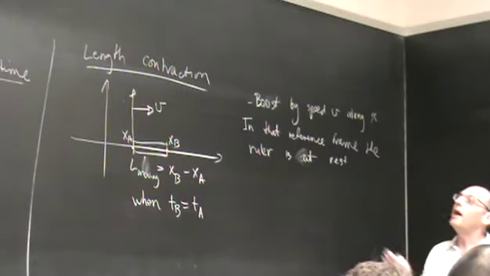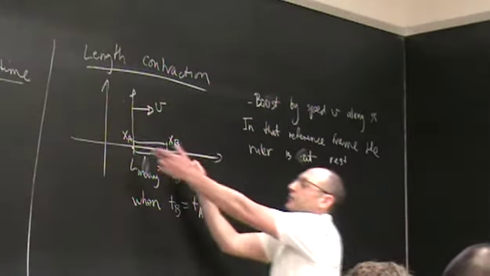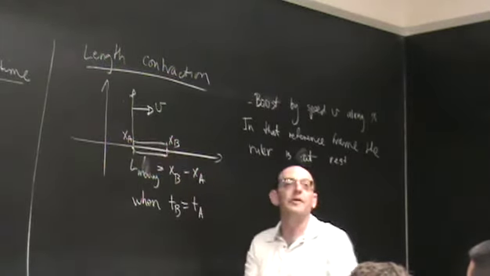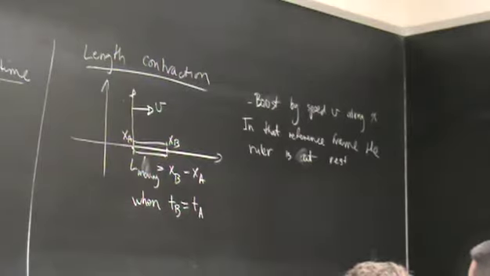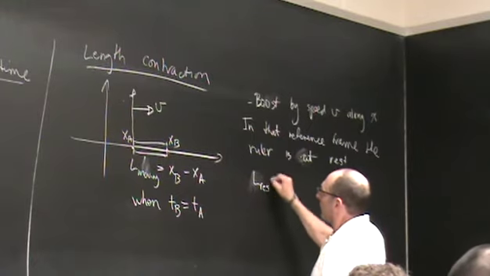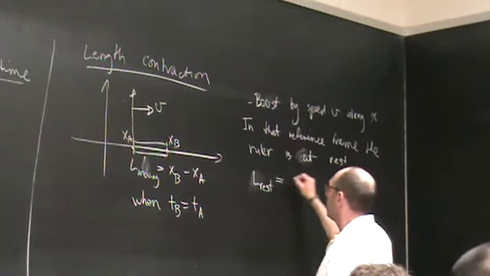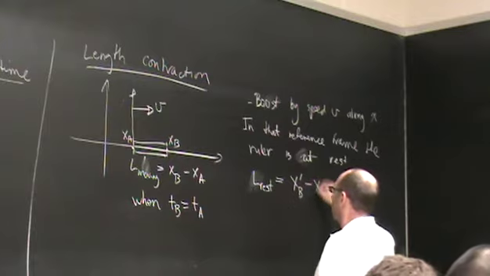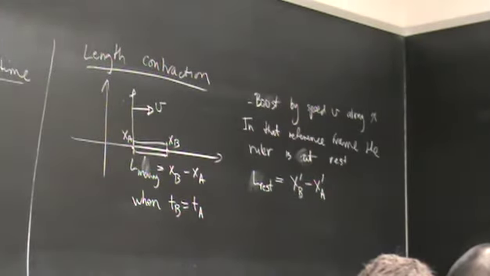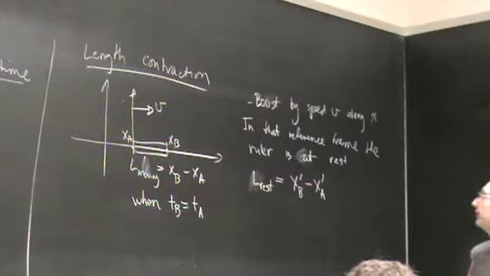The ruler's moving by at speed v, and I ask what is the distance between these two events that happen at the same time. And now I want to know what is xb, so the length of the ruler when it is at rest is, the way I've defined things, the distance between those two points, which don't happen at the same time relative to what's going on in the ruler.